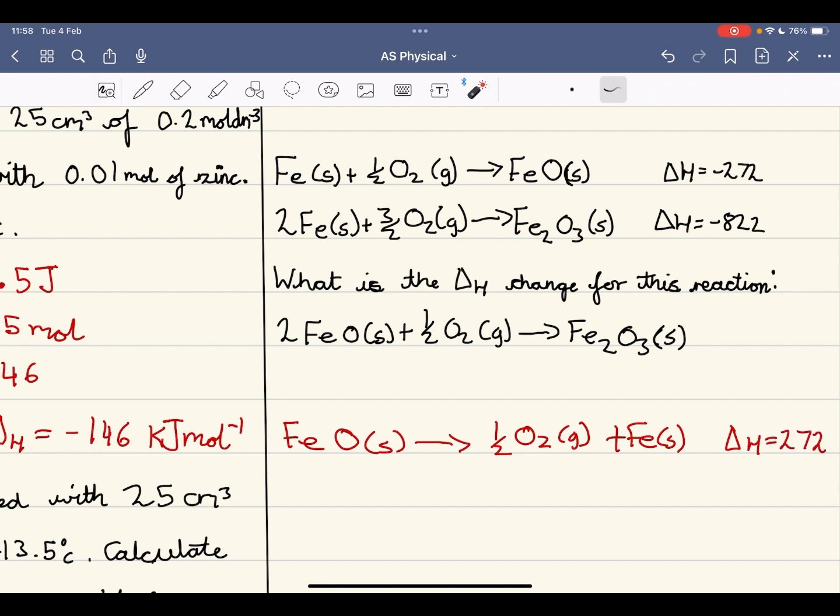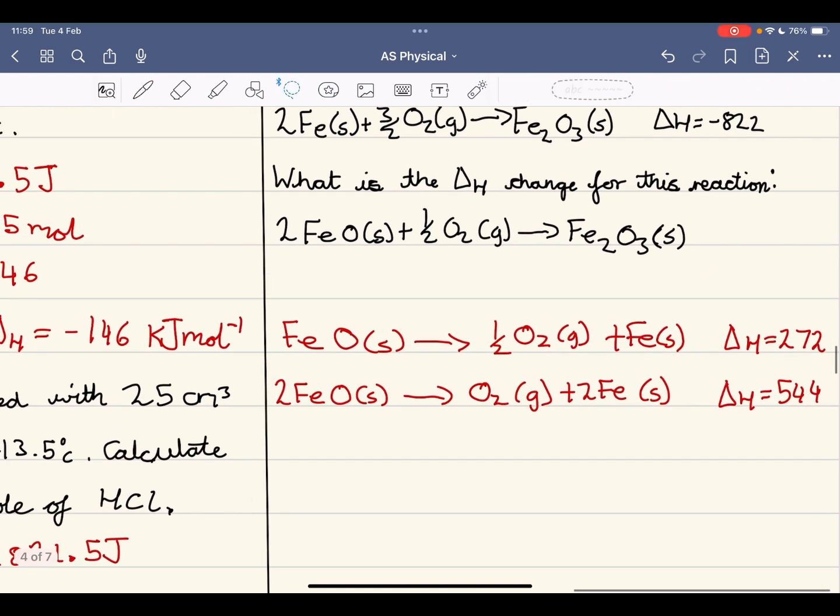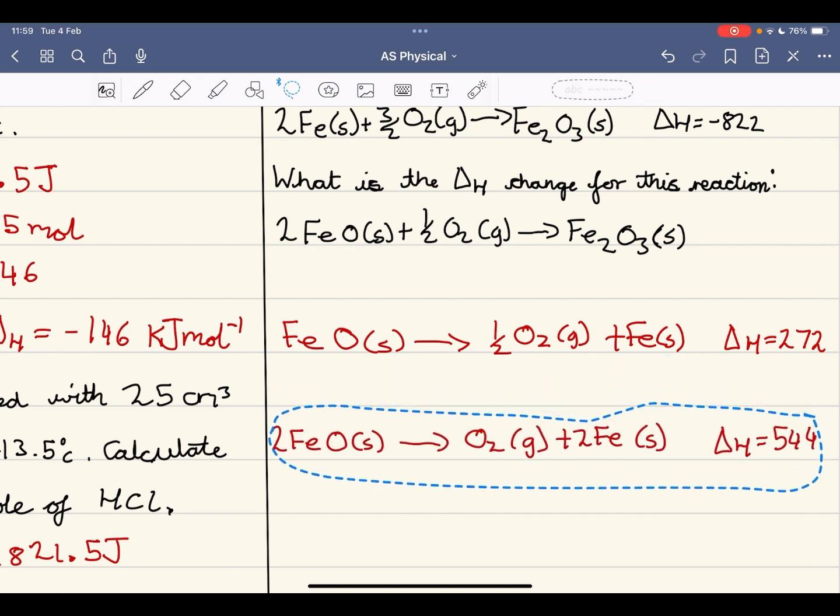And then in the final reaction we have 2 moles of FeO, whereas in this reaction we only have 1 mole. So I'm going to times this by 2, and I'm just going to bring this one down so that we can add it to the other equation.